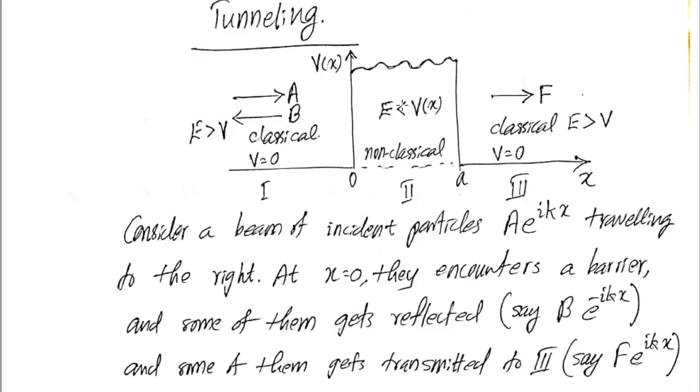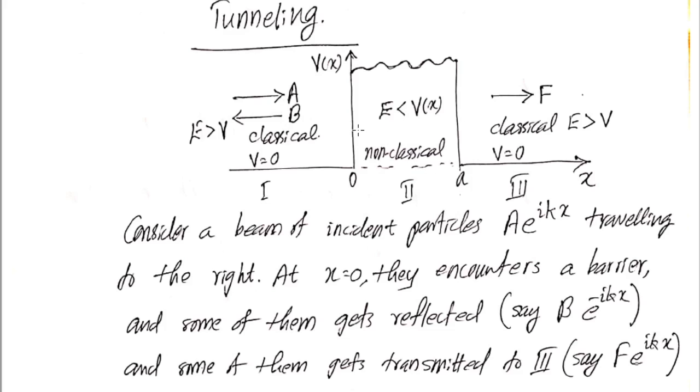And in region 2, there is a potential energy which is some function of x. And the total energy of the particle is E. That total energy is greater than the potential energy in region 1 and 3. So 1 and 3 are classically allowed regions. And the total energy is less than the potential energy in region 2. So region 2, between x = 0 and x = a, is the non-classical region.